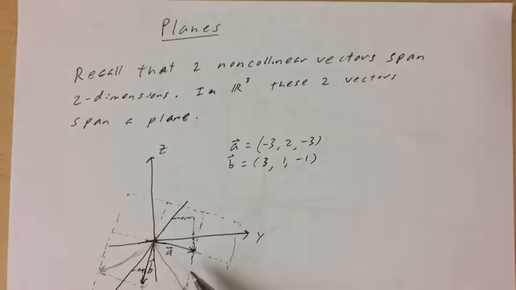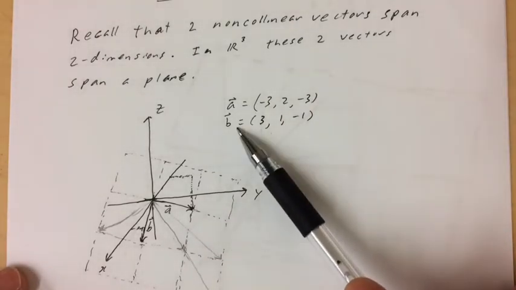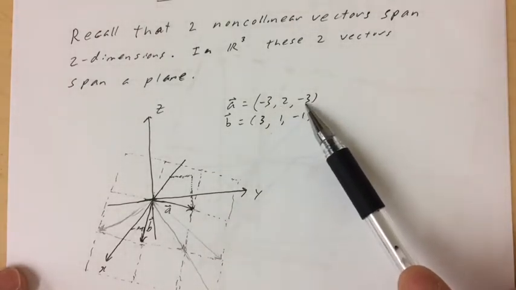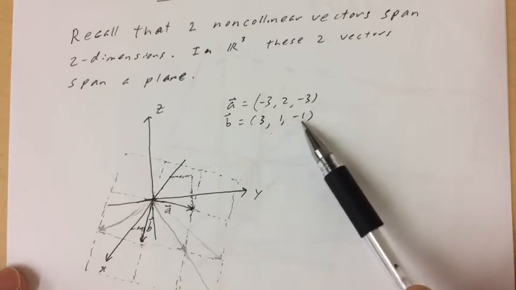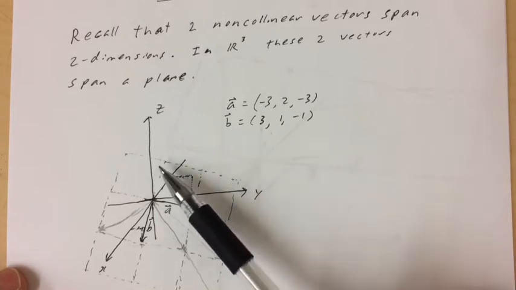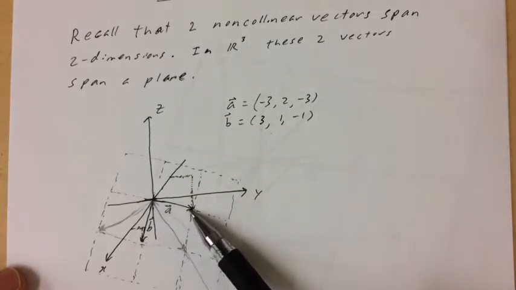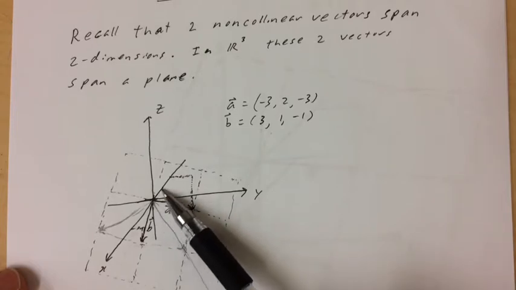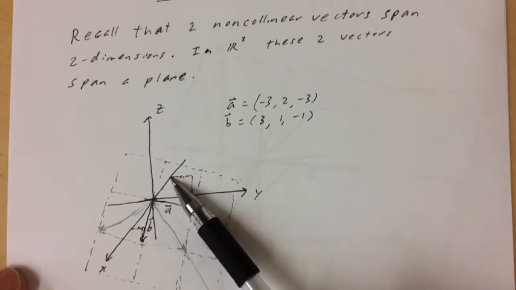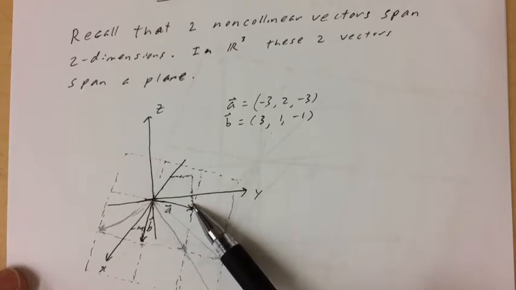I've drawn a picture here of a plane that is spanned by the vectors a and b that I've given here, (-3, 2, -3) and (3, 1, -1). I've drawn the x, y, z axes, and I've plotted vector a by going 3 back on the x-axis, 2 on the y, and -3 on the z.